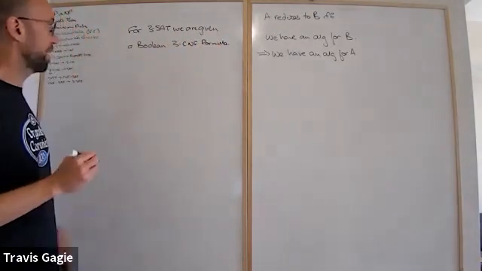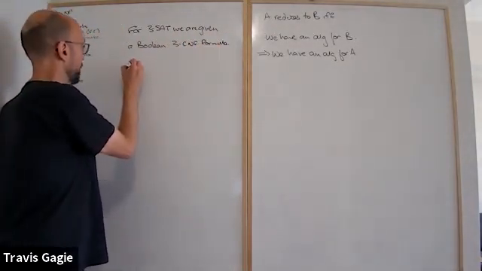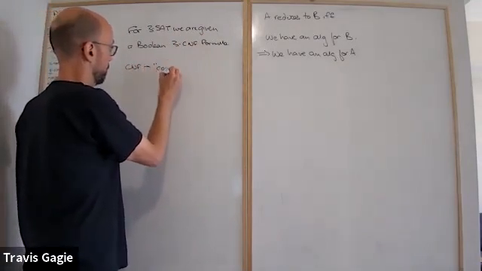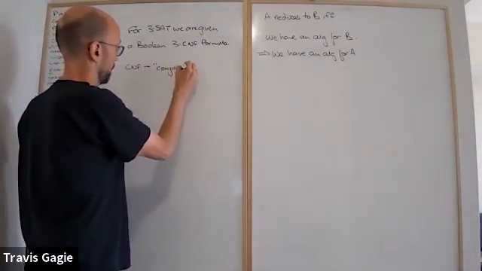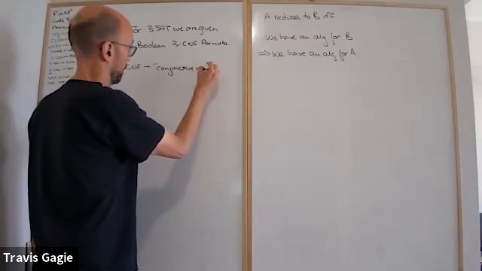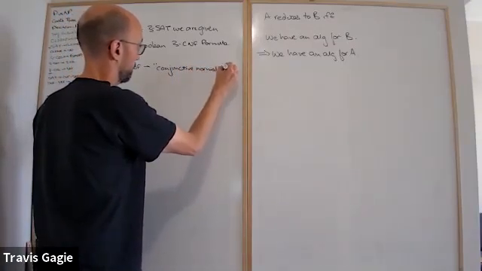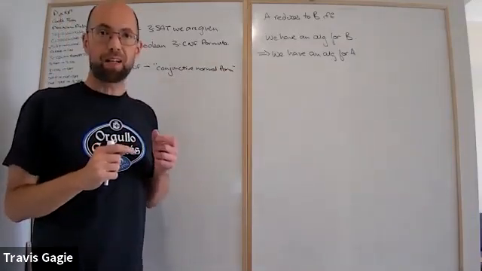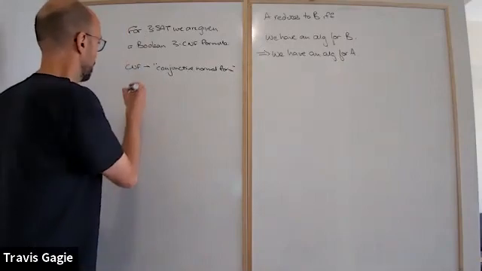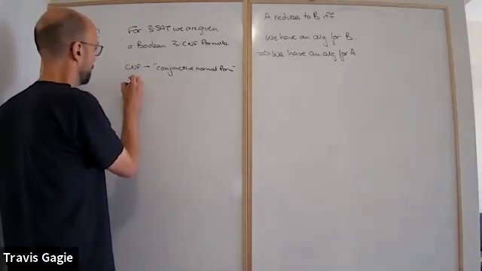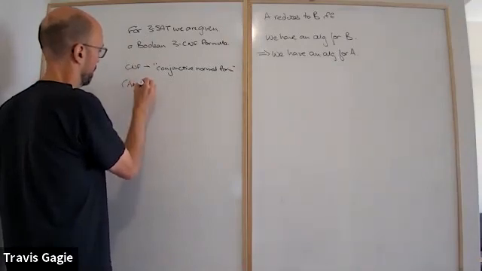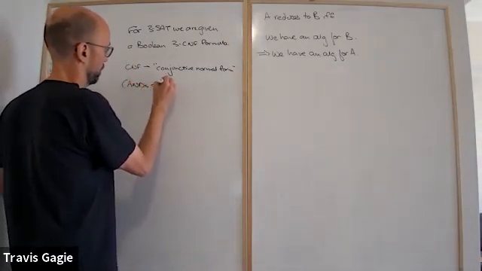CNF is conjunctive normal form. A conjunction means an and. So this means ands of ors.